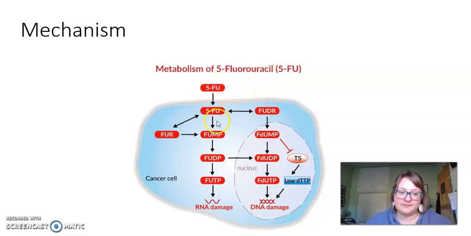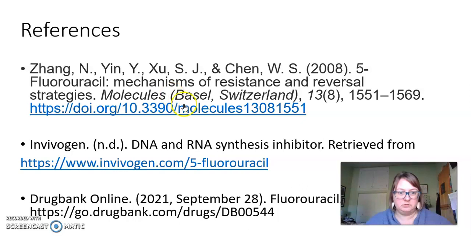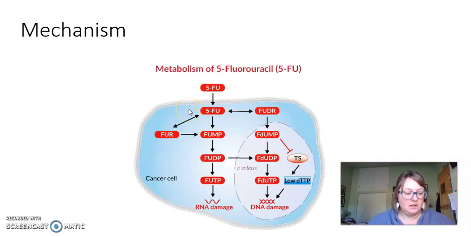So if it enters the cell, and then it can be broken down into 5-fluorouridine ribonucleotide metabolite, which is what this is. And then 5-FU, if you follow this down, does the damage to the RNA.